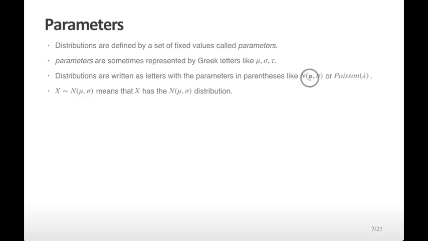This is a Normal(mu, sigma) distribution. Similarly, we might see a Poisson distribution with parameter lambda. X tilde Normal(mu, sigma) means that X has the normal distribution. This is shorthand that will make it easier to write out specific equations that we need later on.